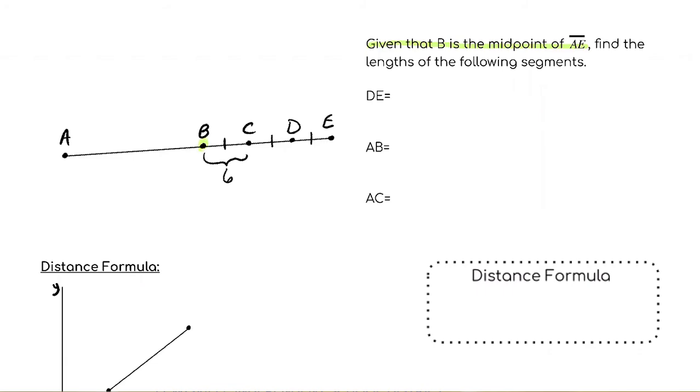Well, if B is the midpoint of AE, that is the point in the very center of segment AE. That means from A to B is the same as B to E. And since there's a lot of other dots in here, I don't have a good way to mark it, so I'm just going to use these squiggly brackets to kind of notate that.